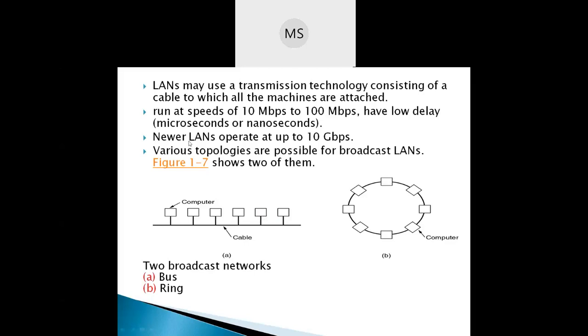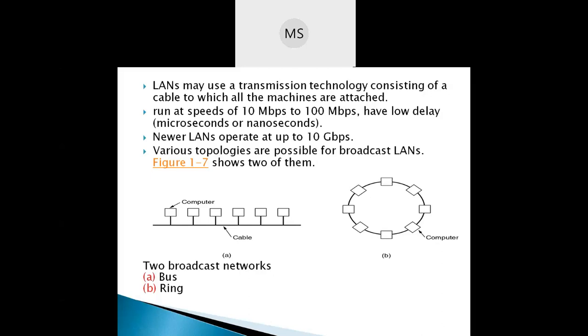So some control mechanism is needed; otherwise, if more than one system transfers data at the same time, a collision will happen, meaning the data will collide with each other. As a result, data loss can take place.